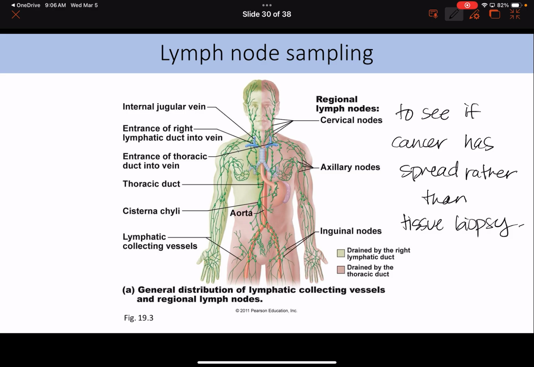Either way, the procedure is not all that fun, but they can take a lymph node sampling from usually the axillary region or other regions as well to see if there are cancerous cells present. If there are cancerous cells present, that means that the cancer has spread and could potentially be really anywhere in the body. Because as you know, that lymph fluid goes back to your subclavian veins and then just circulates all over the body all over again.